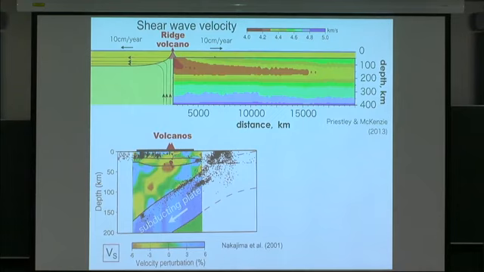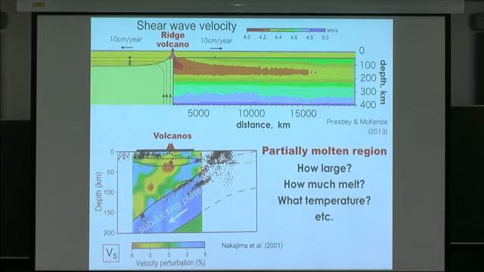The low velocity regions, these red regions beneath volcanoes, are considered to be related to the partial melting of rock. So, using these structures, we want to explore the partially molten region to know how large it is, how much melt exists, and what temperature it is, etc.